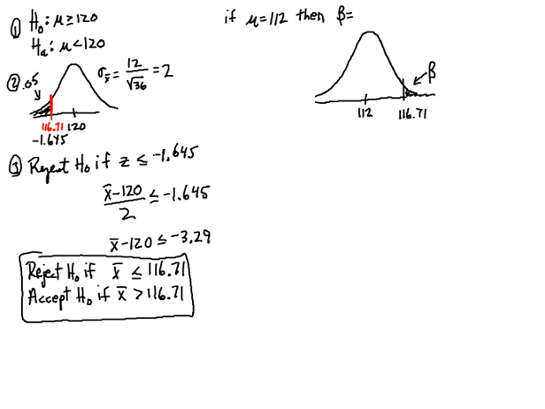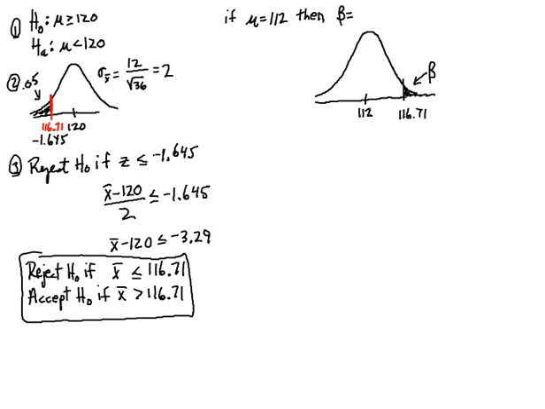That probability is the probability of making a type 2 error. And that's determined by finding the area under the density function, the sampling distribution, from 116.71 on. Now, how do we do that? Well, we have to find a z-score for the 116.71.